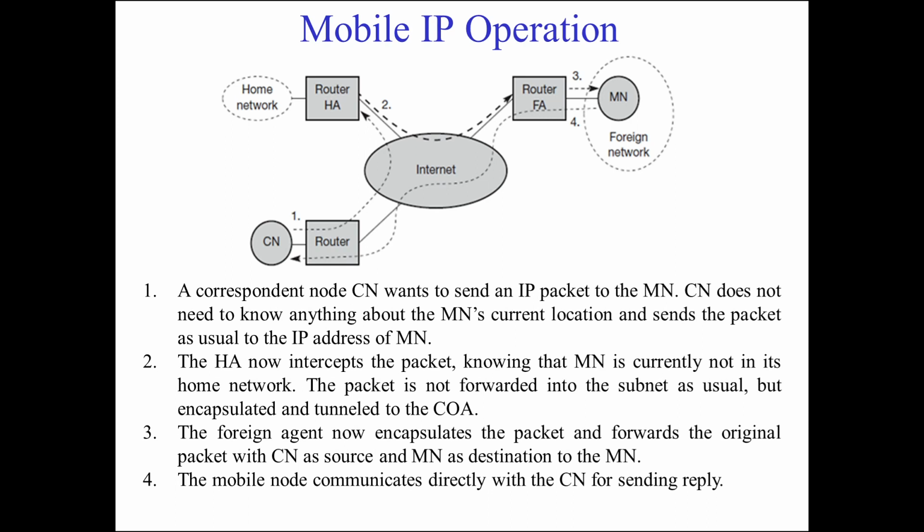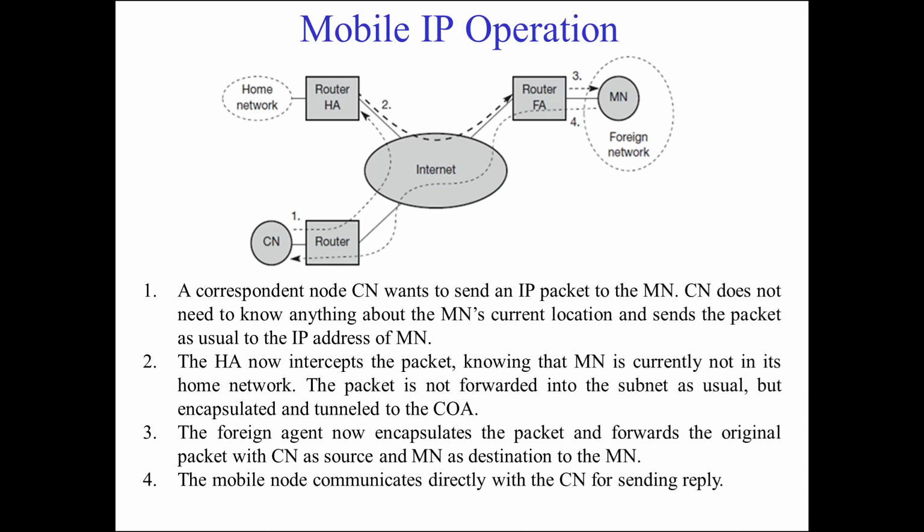What is the first step? In this scenario, the correspondent node wants to communicate with the mobile node. But the mobile node has moved from the home network to the foreign network. The home network has assigned one address to the mobile node as its own, but the mobile node is not available in the home network now.